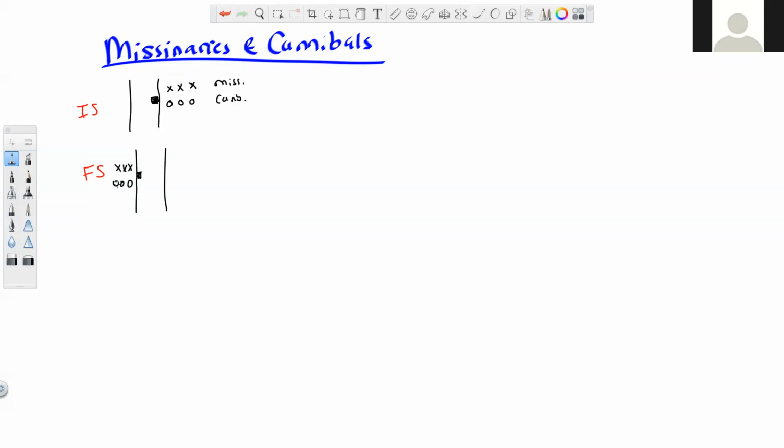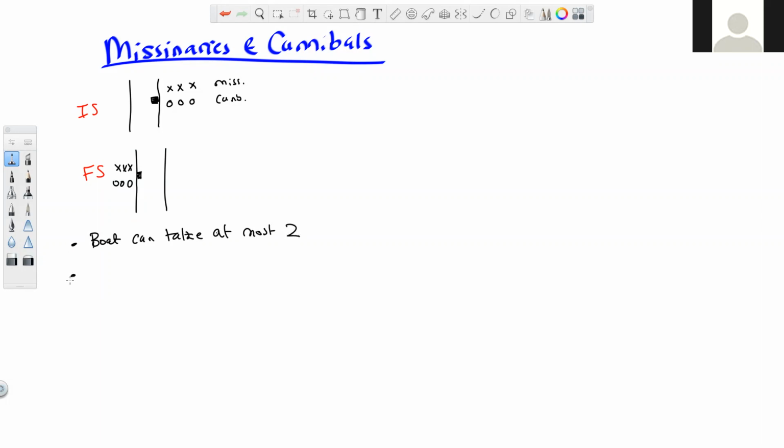However, I do have the following constraints. The boat can take at most 2. This is one constraint.